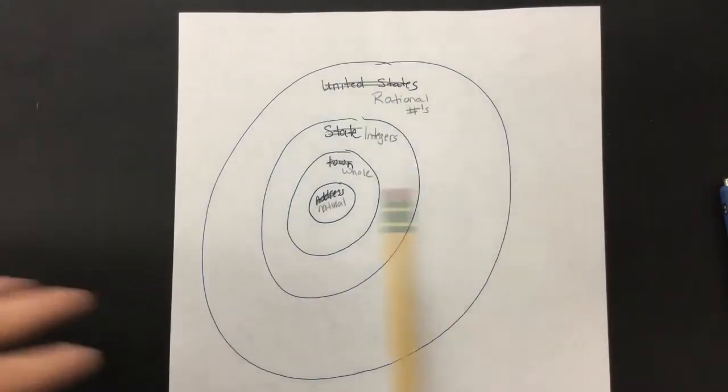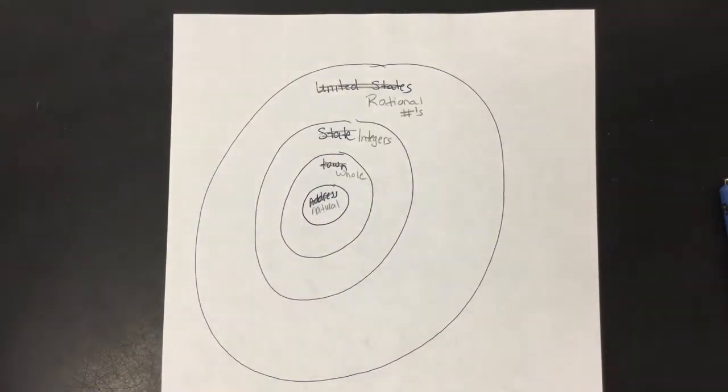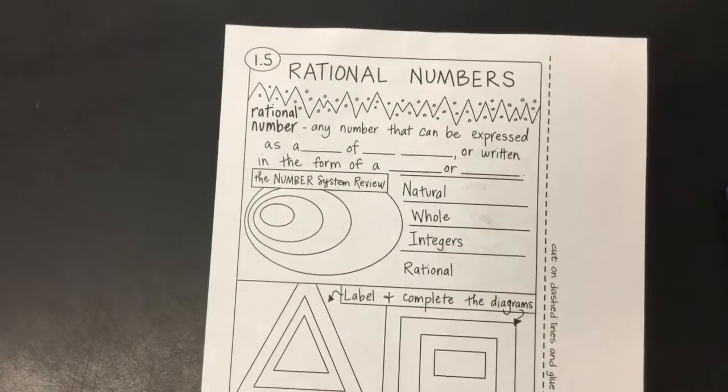Every number that's a natural number is also considered to be a whole number, which is also considered to be an integer, which is also considered to be a rational number, right? Now that we've got this visual of what we're going to be working on, we're actually going to start classifying some rational numbers.